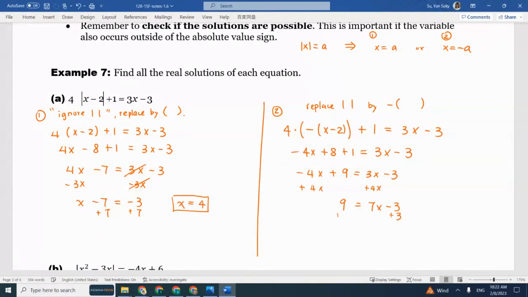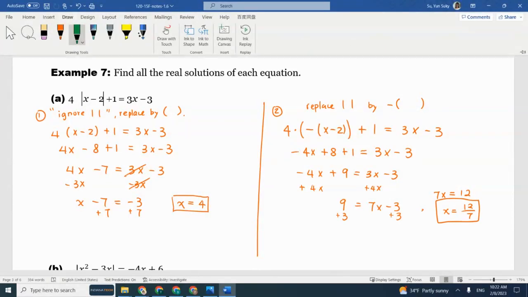Add 3. Right? We get 7x equals, what's 9 add 3? 12. Yes, 12. So what is x? 12 over 7. Right?